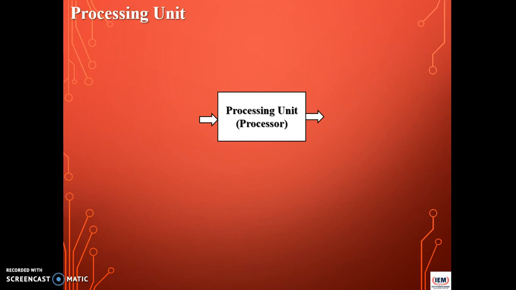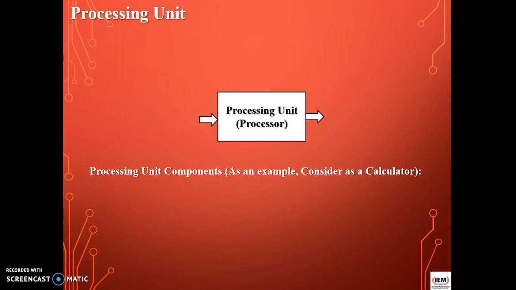Now on this page we see the processor block. Under this processing unit or processor there are three major components. If we consider a calculator as an example, then the first component is the arithmetic and logical unit, that is ALU, for mathematical calculation.